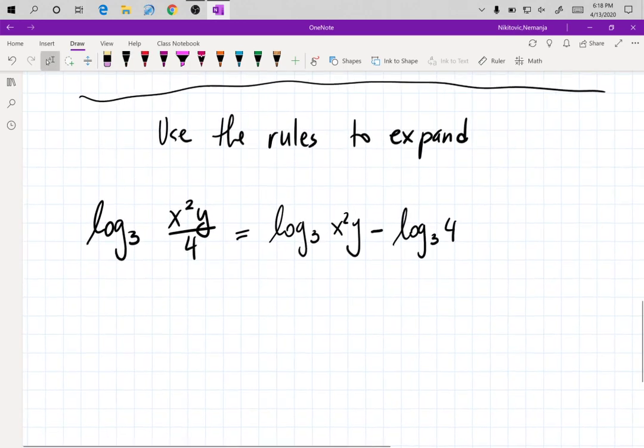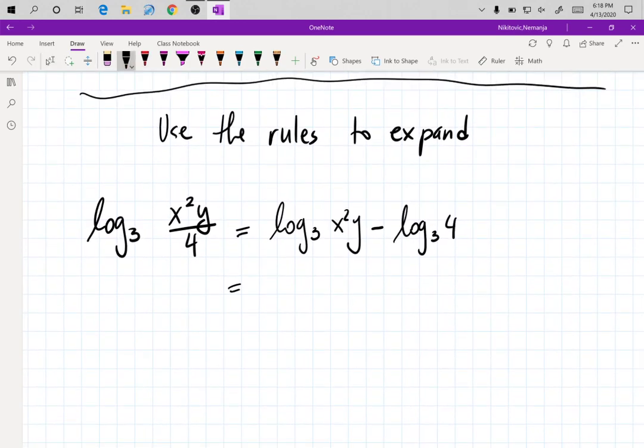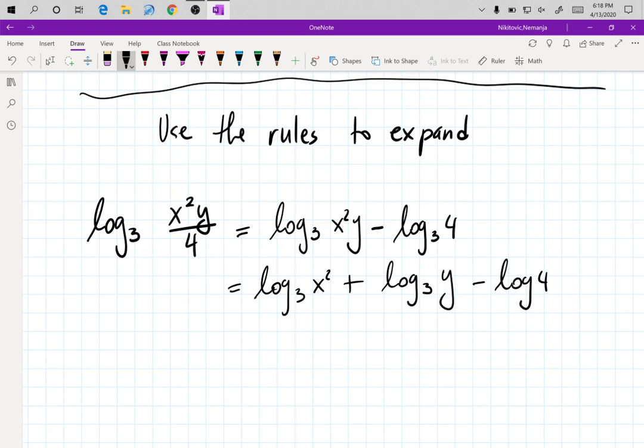Then I have multiplication. So log base 3 of x squared plus log base 3 of y, and I still have minus log of 4 base 3. And finally, by rule 3, this one jumps in front. That's rule 3. And then we are done.